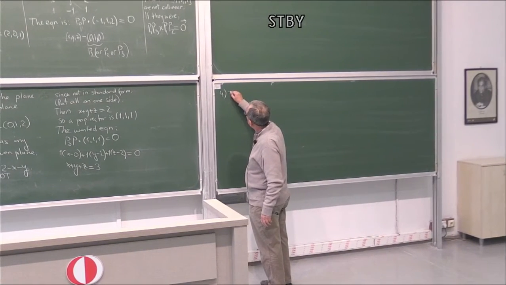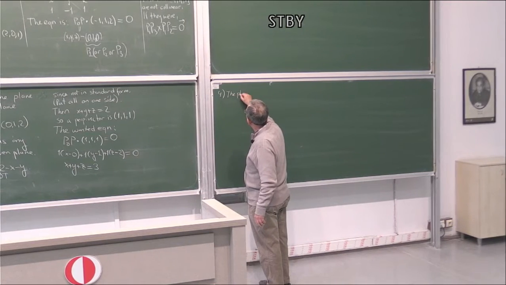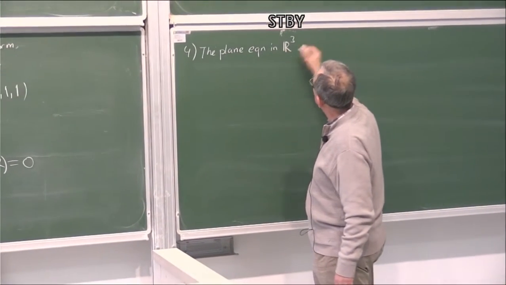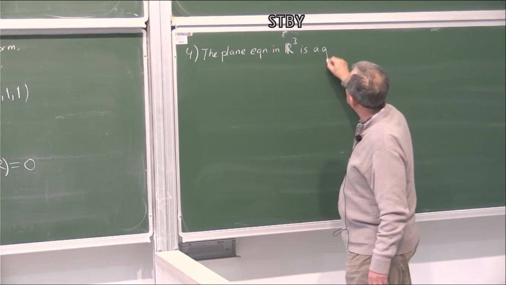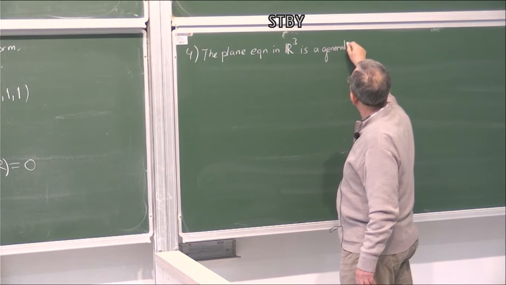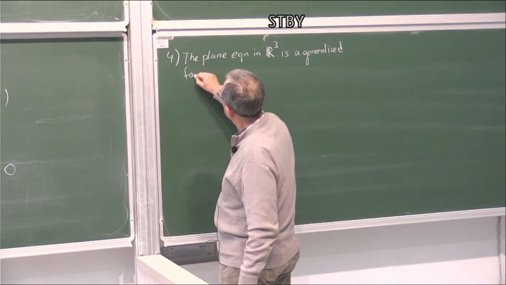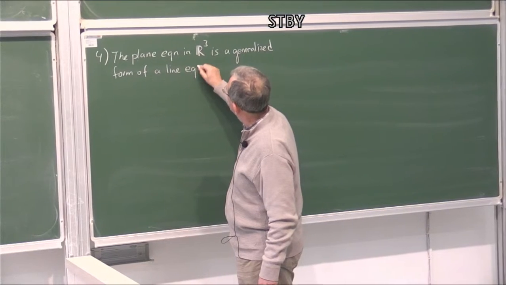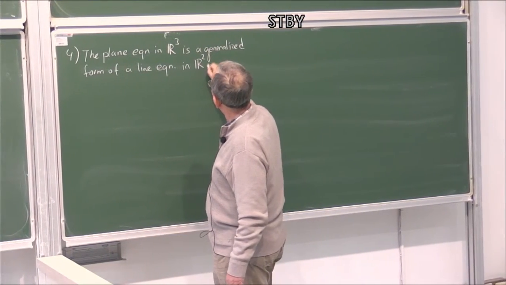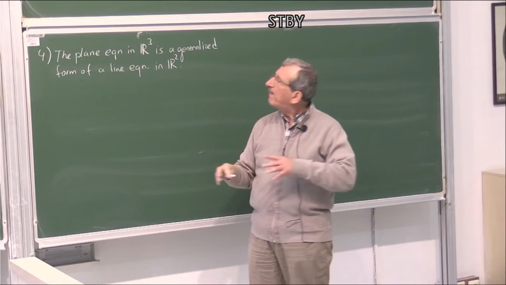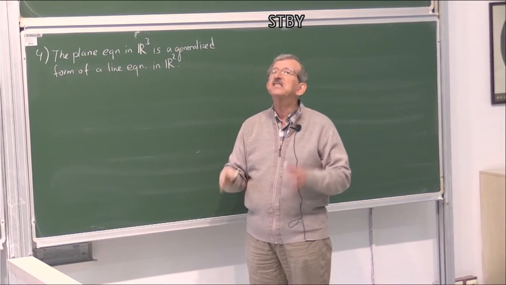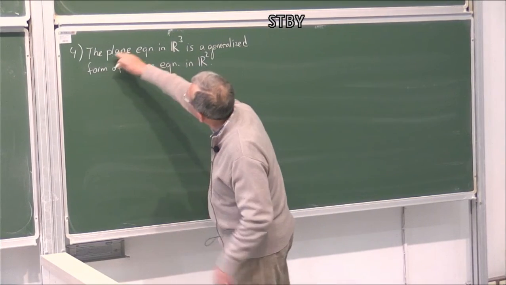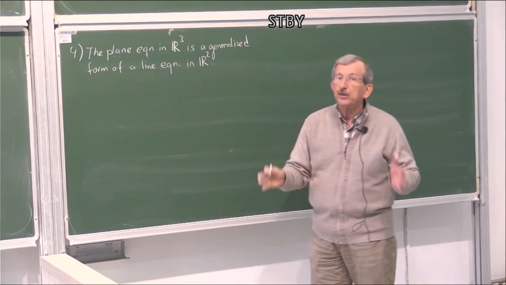The plane equation in R3 is a generalized form of a line equation in the plane. That means we can define a line equation in the plane the same way as we did a plane equation in space.